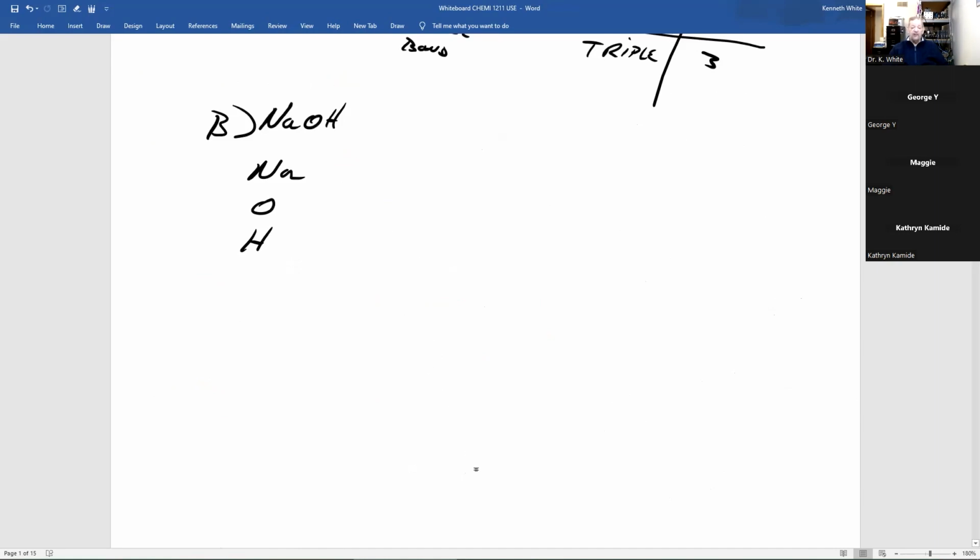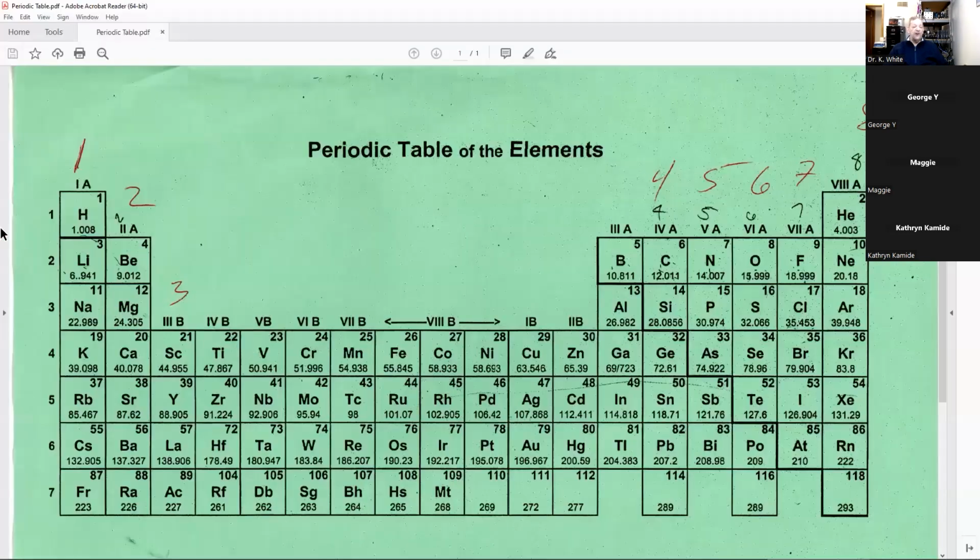So let's go to our friendly neighborhood periodic table. And if we look for hydrogen at the top, in red, it has one valence electron. If we look down below, sodium, Na, also has one valence electron.